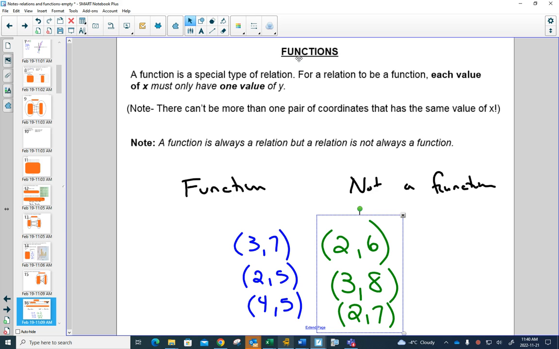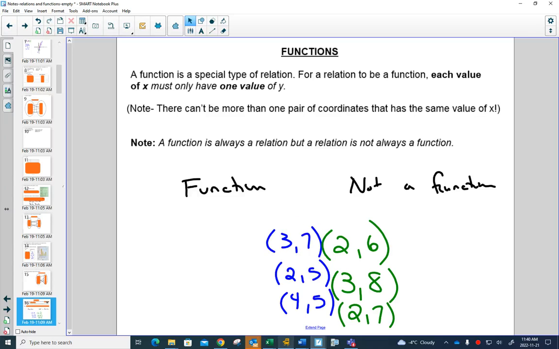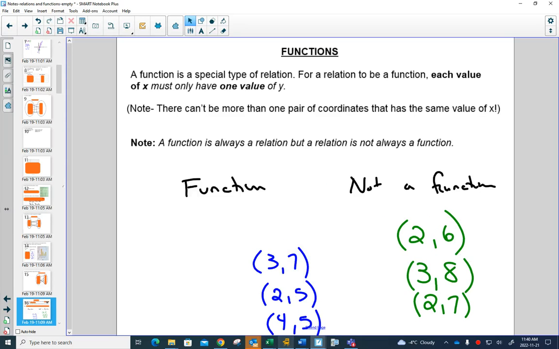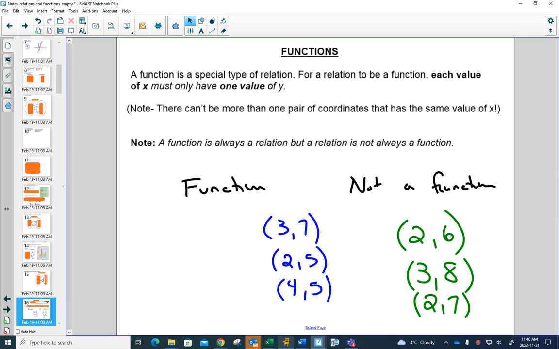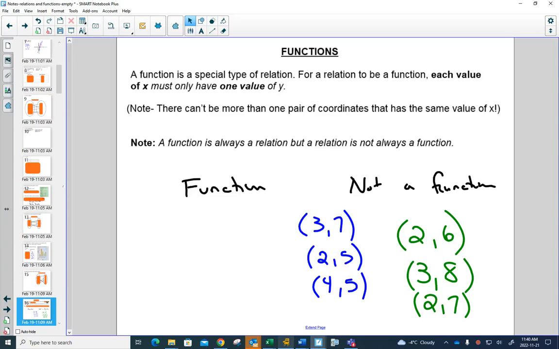One of these is a function, and one of these is not a function, or they're both functions, or they're both not functions. So you have to decide if the blue set makes a function or not, and if the green one does. The definition of a function is each value of x must have only one value of y. Can you apply that definition and say whether this is a function or not?